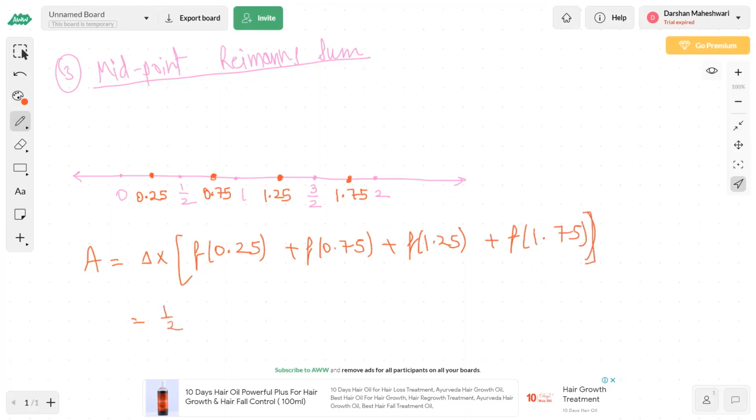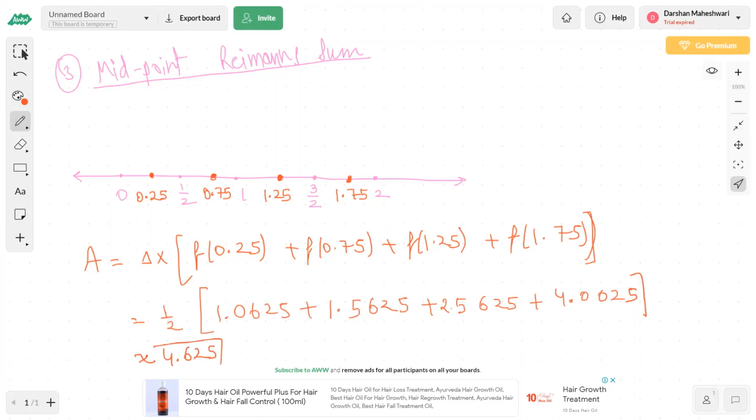So we have 1 over 2 times 1.0625 plus 1.5625 plus 2.5625 plus 4.0625. So this value comes out as 4.625. We see that this value is quite near to our exact value, which is 4.67.